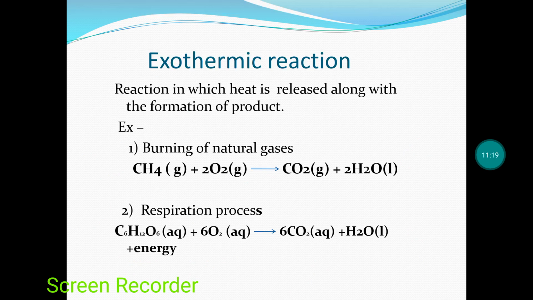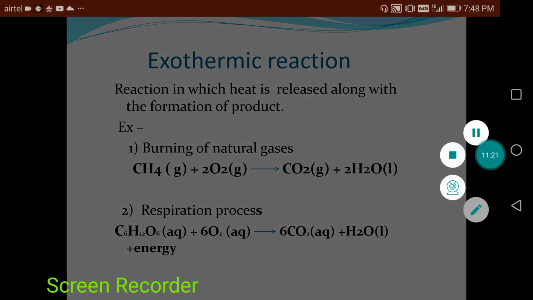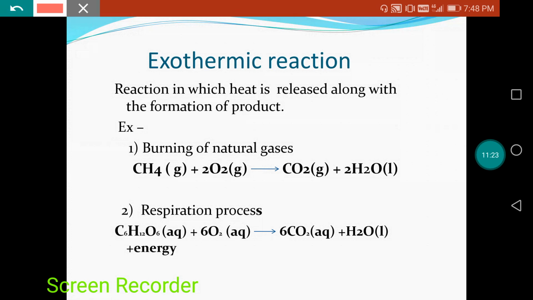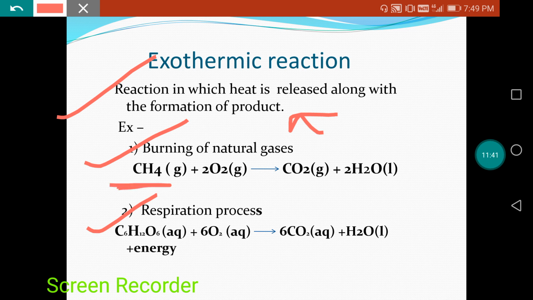Okay. Now, one more time I tell you about exothermic reaction. A reaction in which heat is released along with the formation of a product is called an exothermic reaction. Some examples are given here: burning of natural gases and the respiration process. One example of natural gas is given here, methane.